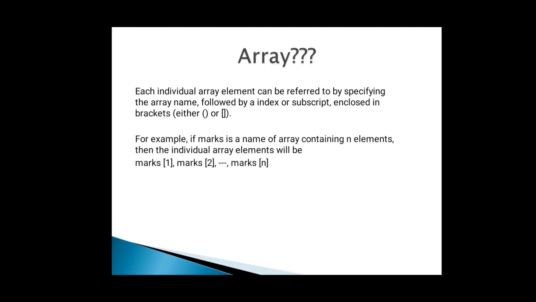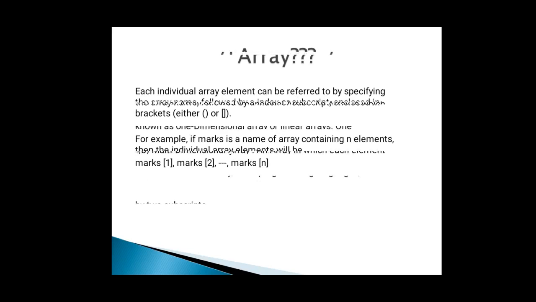For example, if marks is the name of an array containing n elements, then the individual array elements will be marks 1 for the first element, marks 2 for the second element, and so on. 1, 2, and n are the subscript or index of the array.